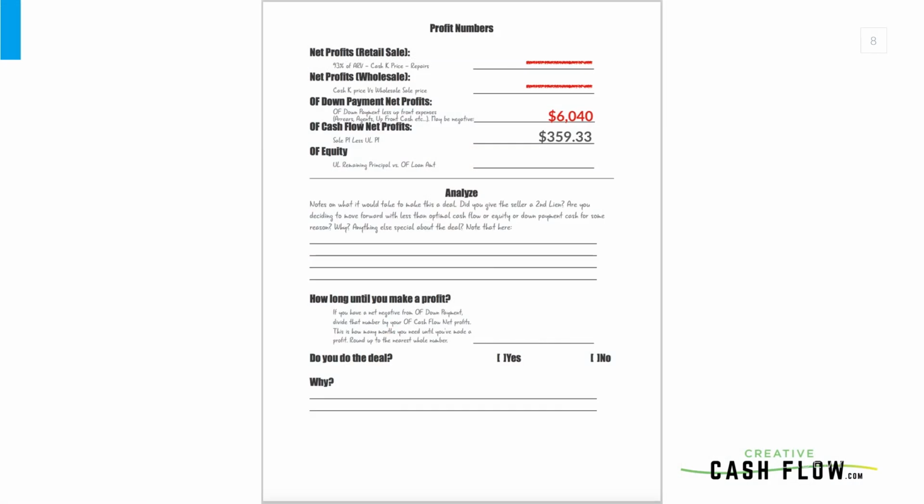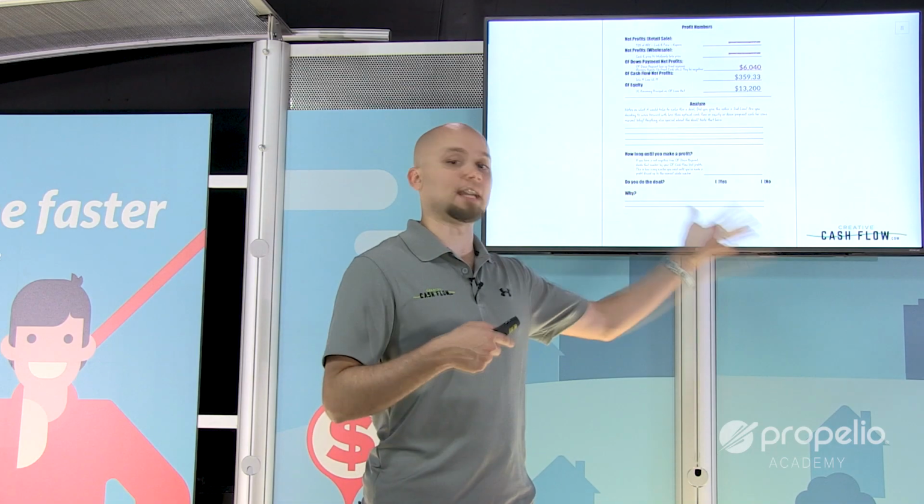At that point, we look at our equity, and we see that our equity is $13,200. That's the difference between the owner financed loan and the loan that we have taken over.